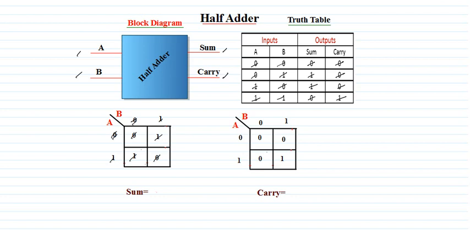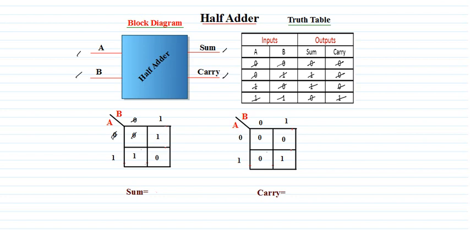Similarly, for carry, for 0 0, there is no carry. For 0 1, there is no carry, and for 1 0, there is no carry, but for 1 1, there is a carry. So these are the sum and carry Karnaugh maps that we got.